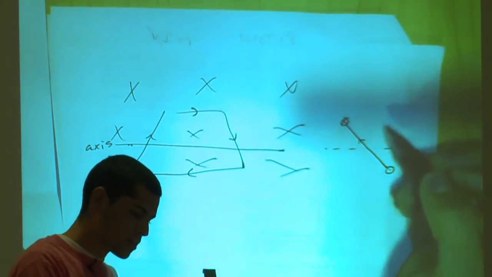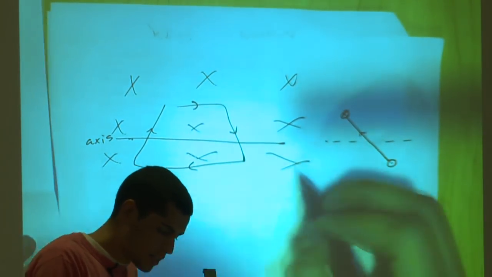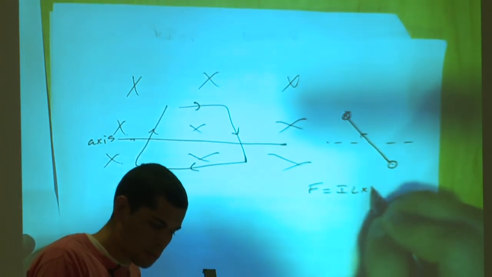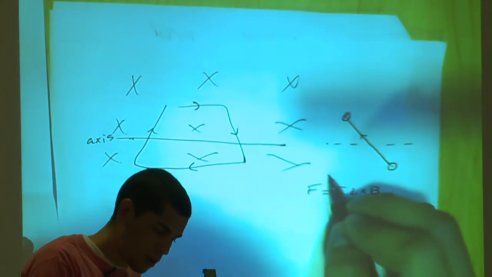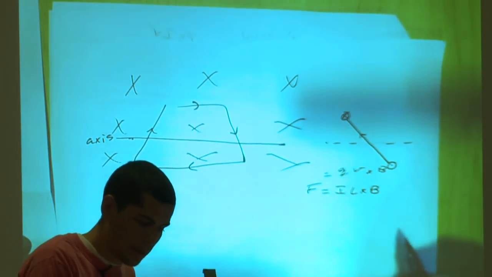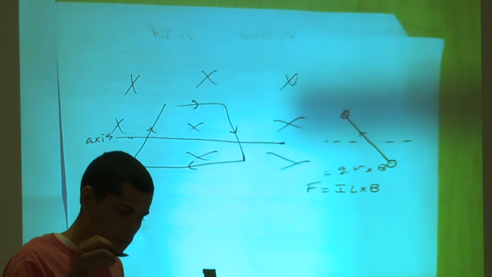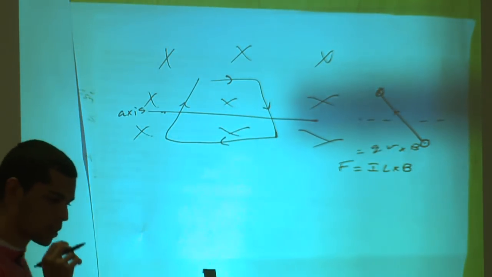We know that the force on the wire is given by F equals IL cross B, and this is simply derived from our other one, Q V cross B. We break up V into length, the length it travels over time, and Q over time is simply current.